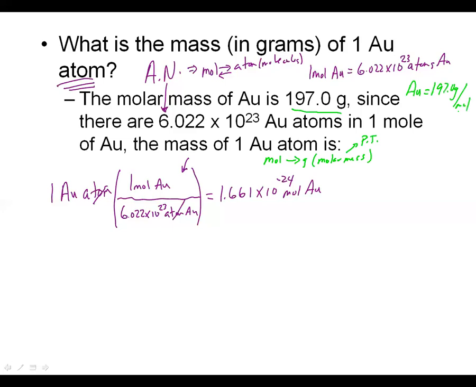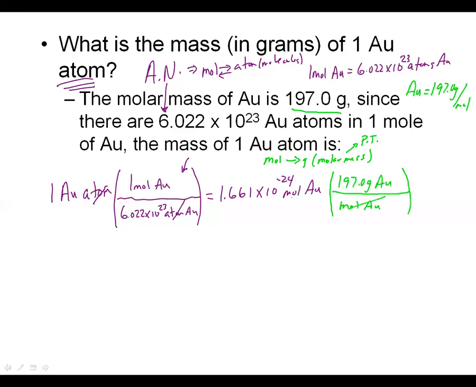Again, 4 significant figures from that number that's underneath the Au symbol will get you. And that's what we're going to use here as the next conversion factor. So moles are on top, so we want moles on the bottom so that they cancel. Will give us 197 grams on top.